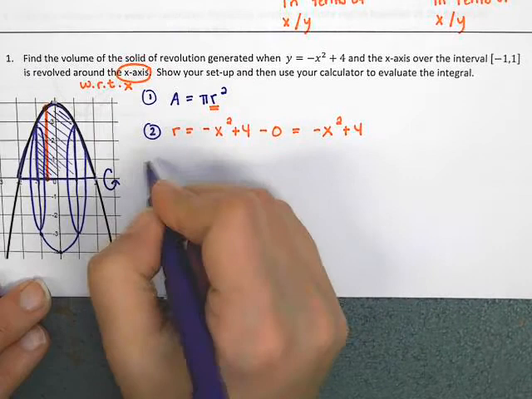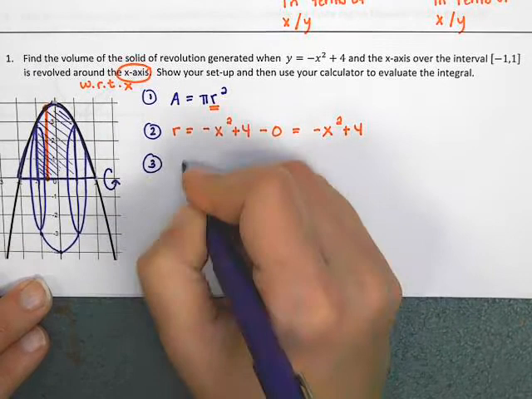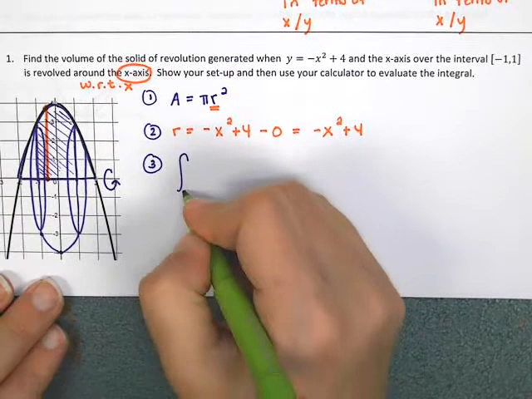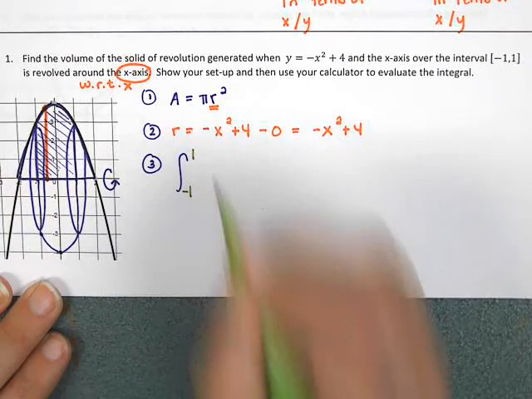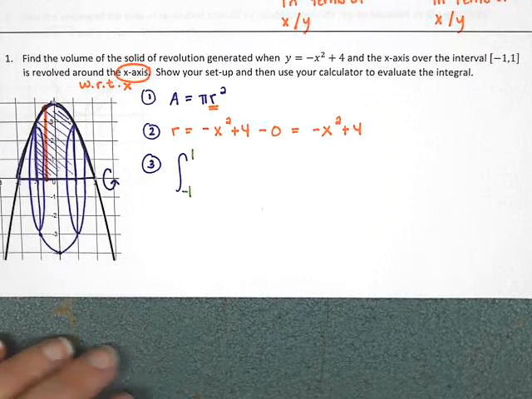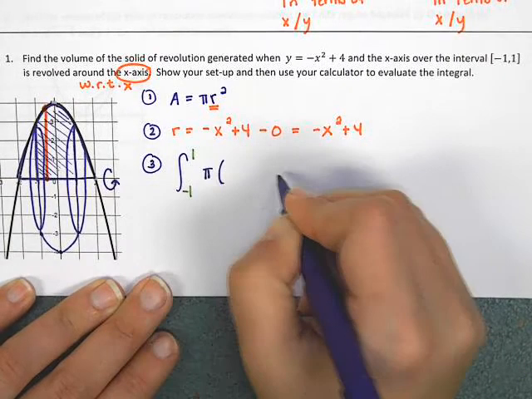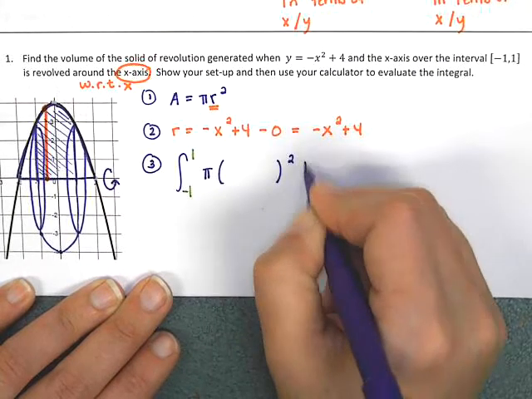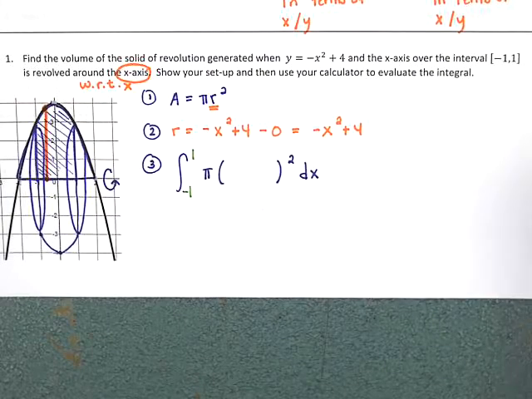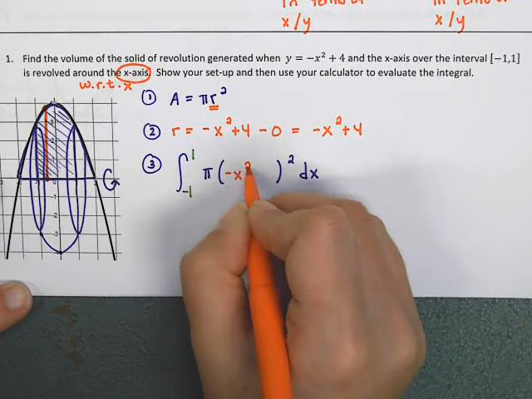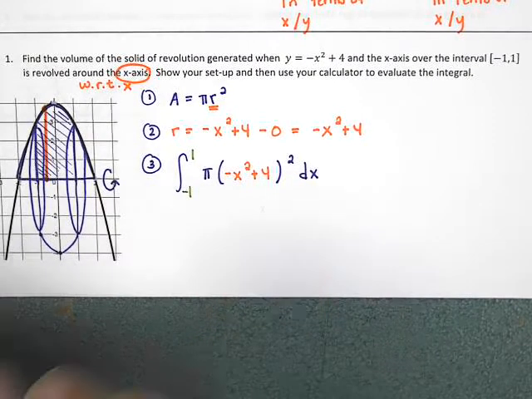Now I'm going to go ahead and set up an integral. So I'm going to integrate from the beginning x value, which is negative 1, to the ending x value, which is positive 1. And then I'm going to set it up with pi something squared dx. Now that something is going to have to be my radius, and I just figured out that my radius is negative x squared plus 4.